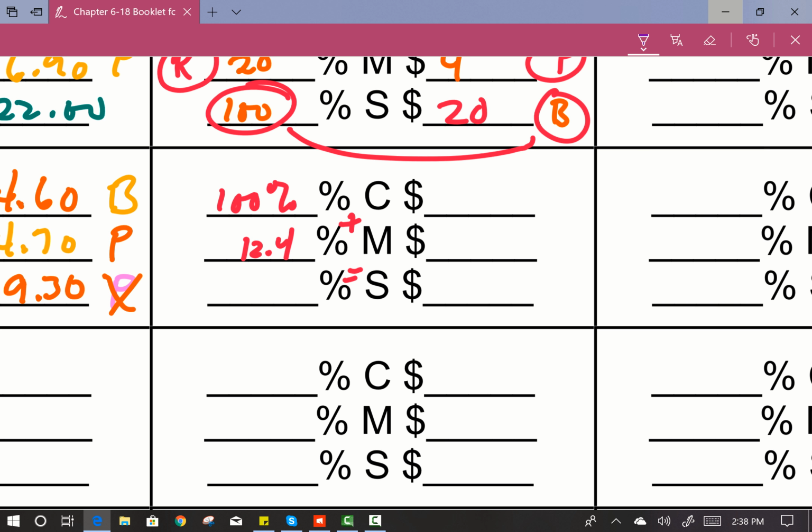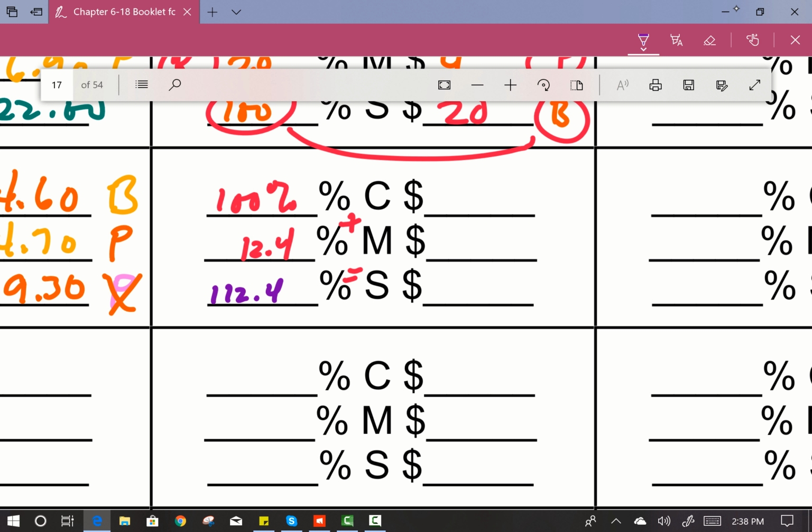Therefore, in purple, I'm going to add my cost plus my markup to equal my selling price of 112.4%.